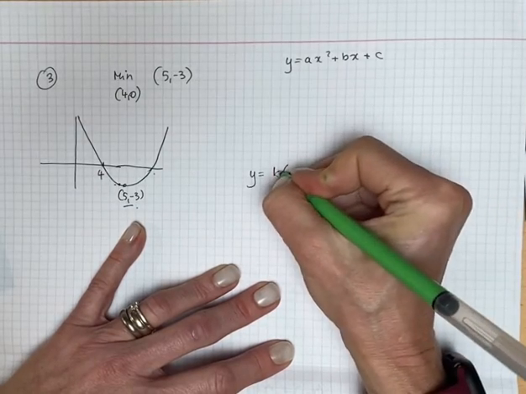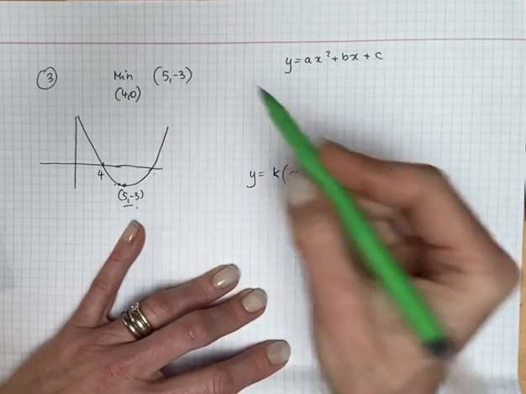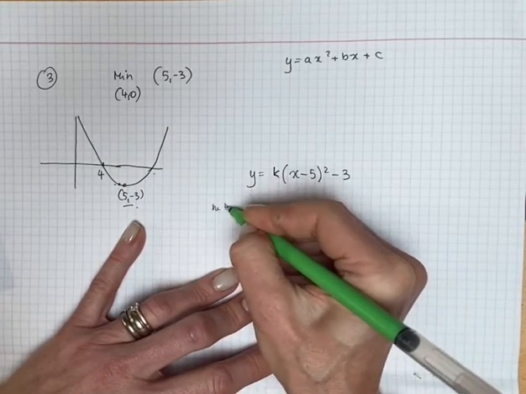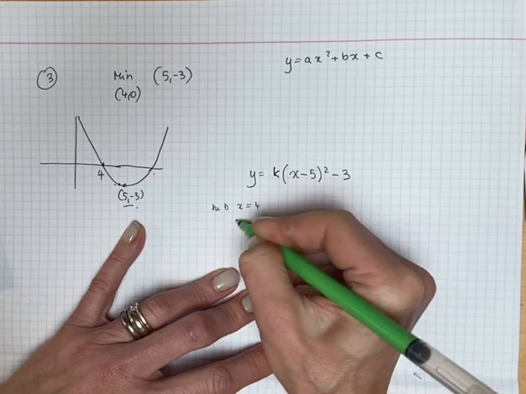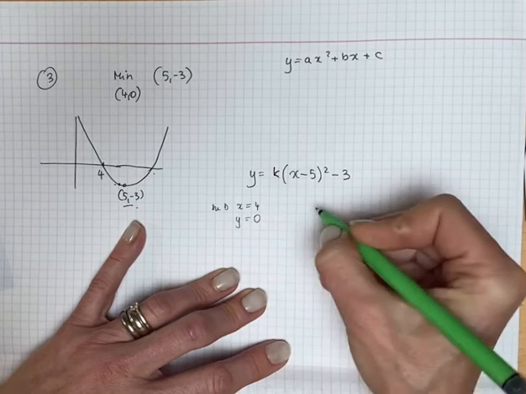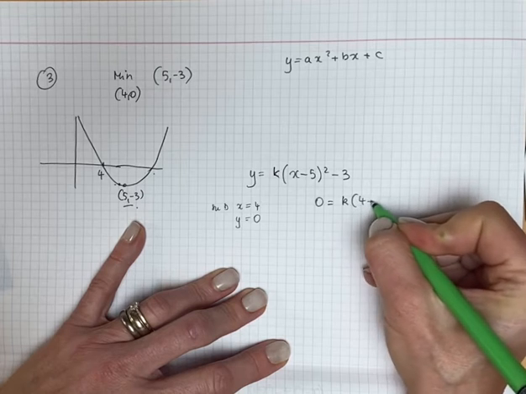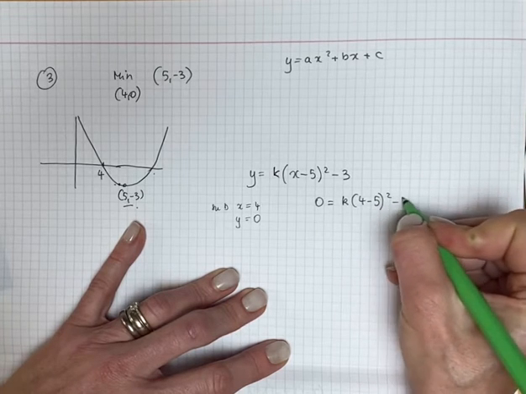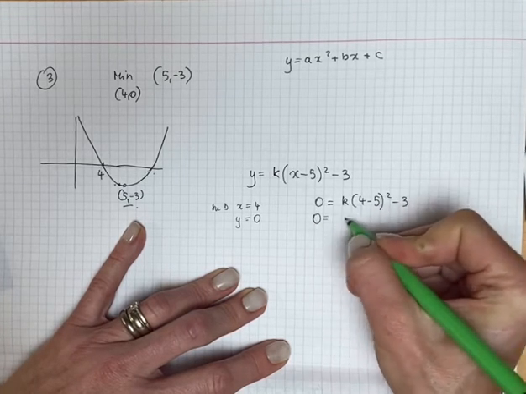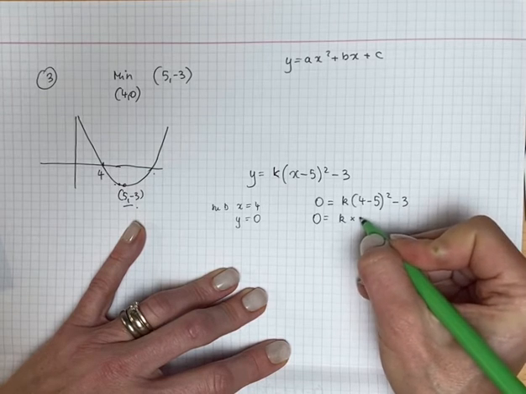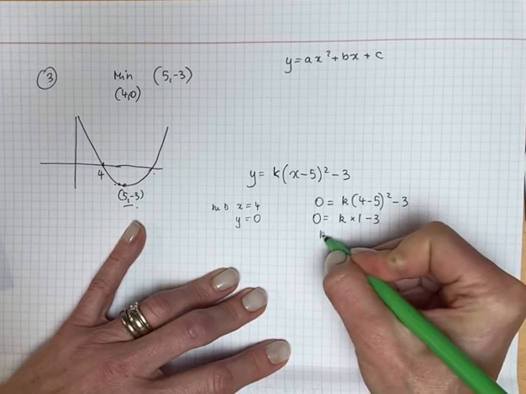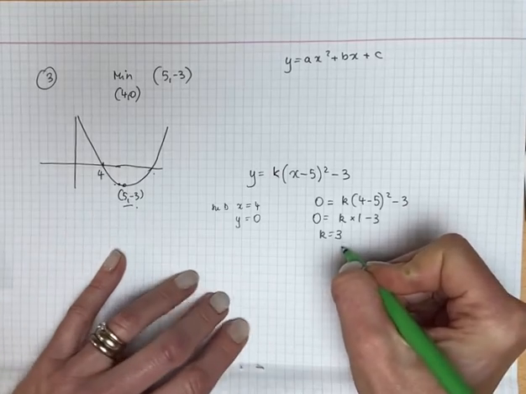To find that k, I just need to substitute x equals 4 and y equals 0. So 0 is equal to k lots of 4 minus 5 all squared minus 3. That gives me k times 1 minus 3, so k must be equal to 3. So it has been stretched.